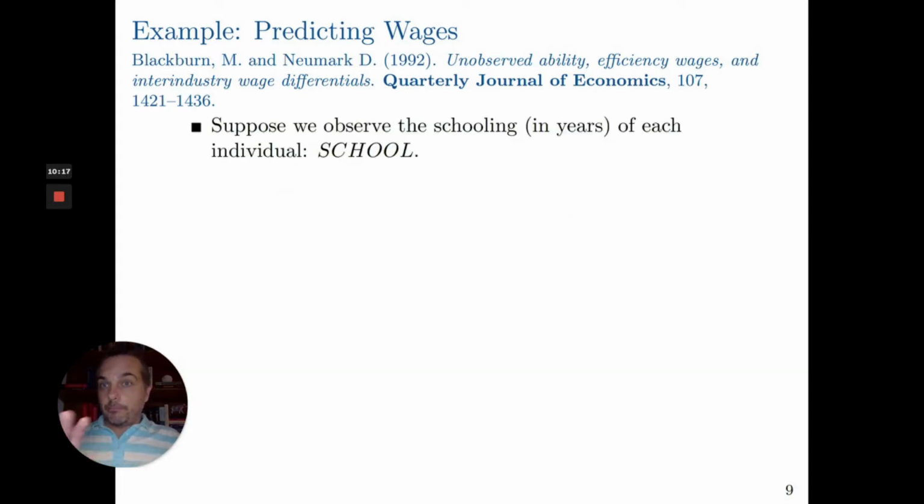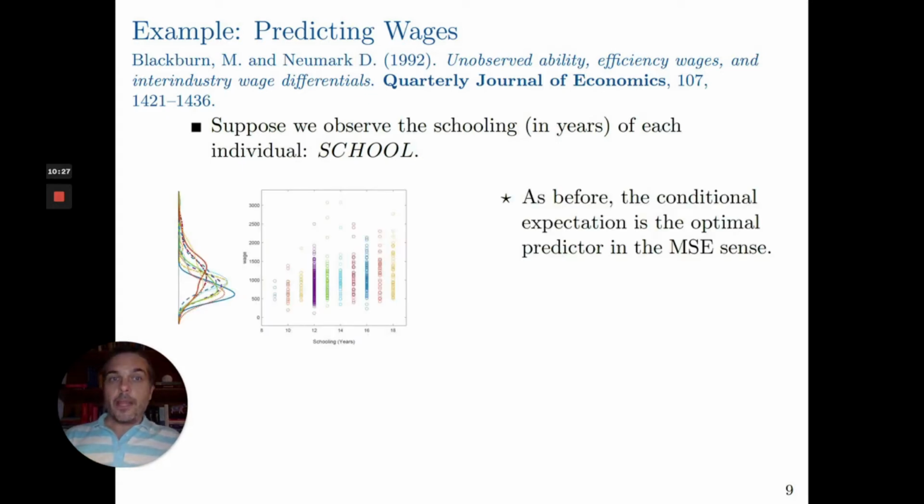Okay? But suppose now that we observe schooling, another variable in the database, schooling in years, we call this variable school, okay? And you see here that we have individuals with 9 years of schooling up to 18 years of schooling, okay?